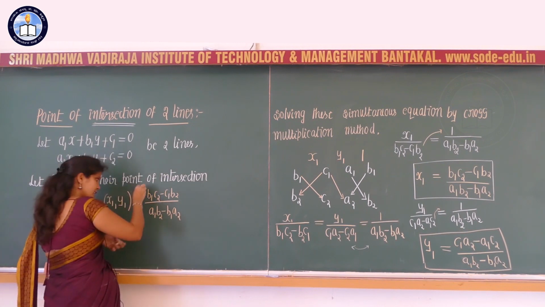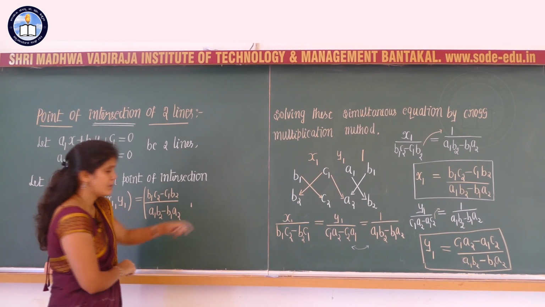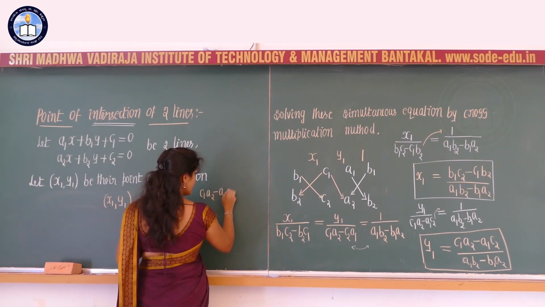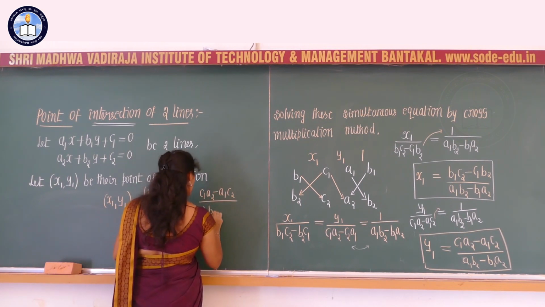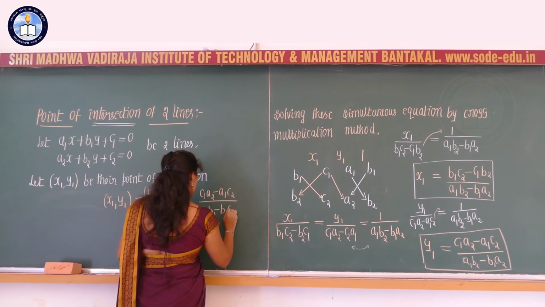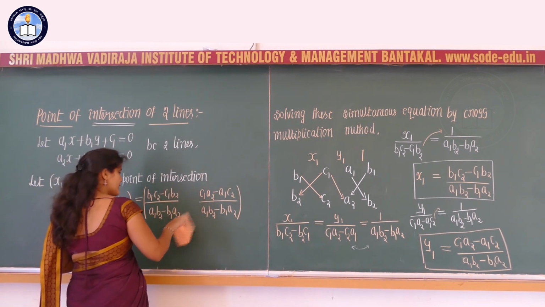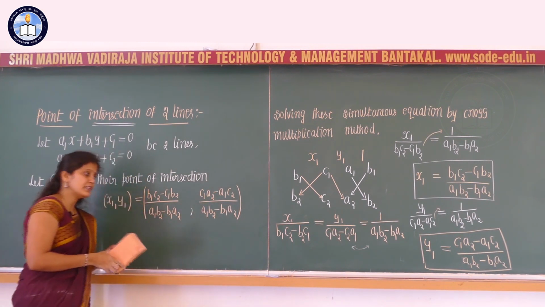This represents the x coordinate, and the y coordinate is given by the formula c1 a2 minus a1 c2 divided by a1 b2 minus b1 into a2. So this represents the point of intersection of the two lines L1 and L2.